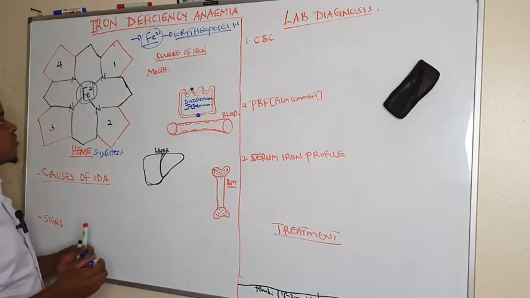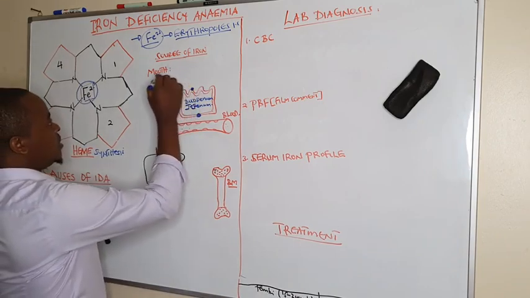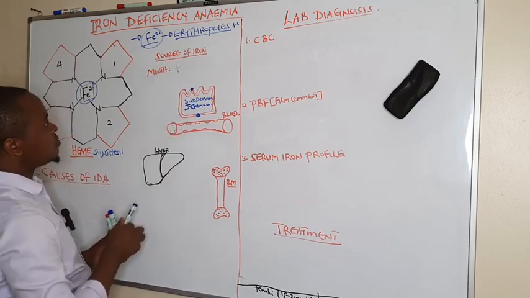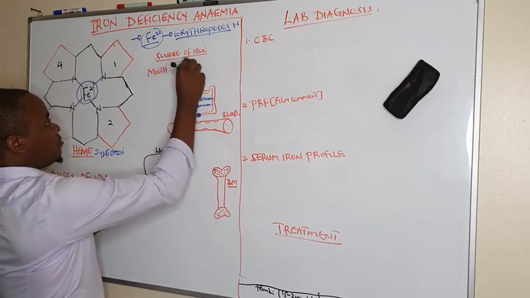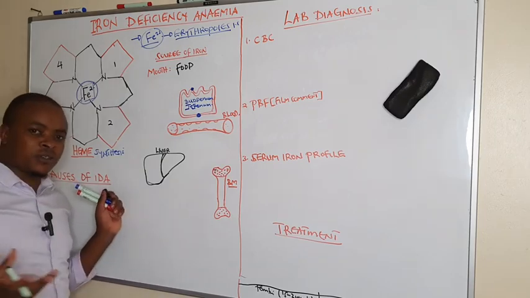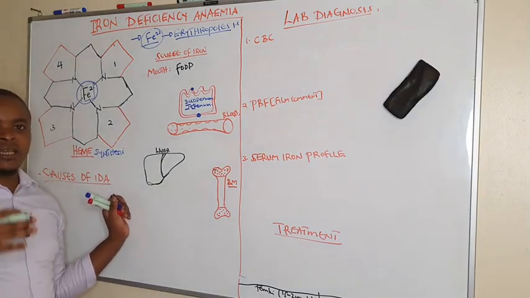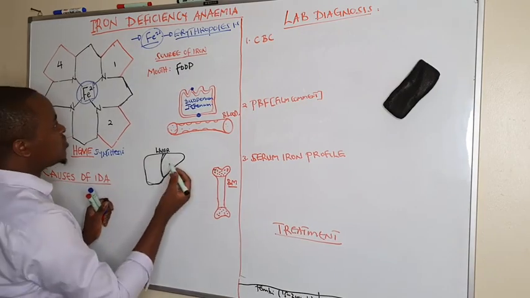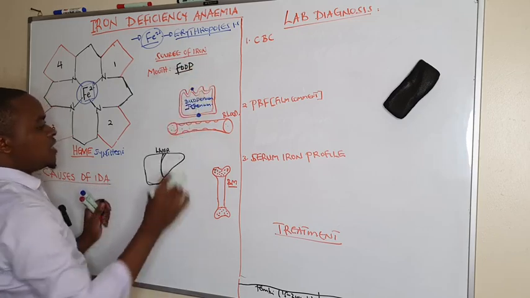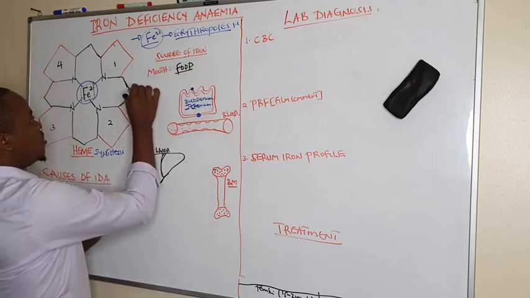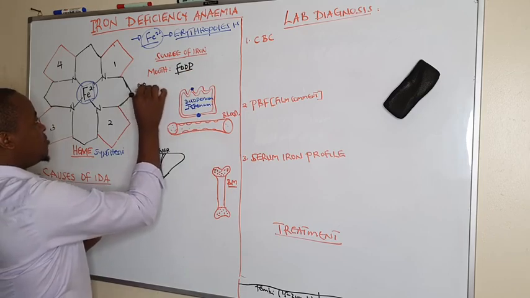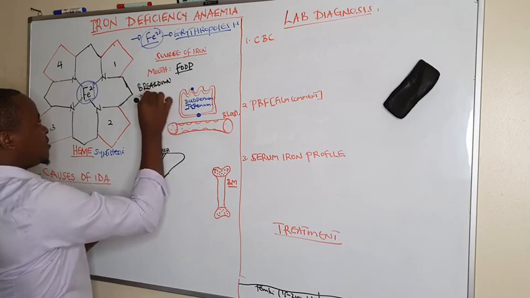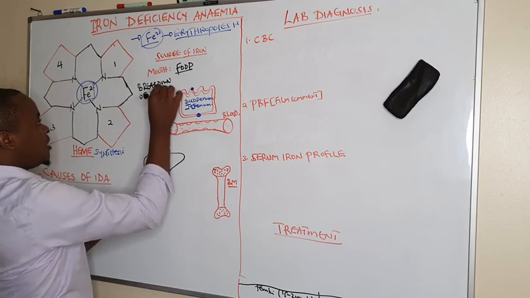This iron can be obtained from food. The sources of iron are vegetables, fruits, meat, liver, and so forth. Another source of iron, apart from food, is from the breakdown of red cells after 120 days.